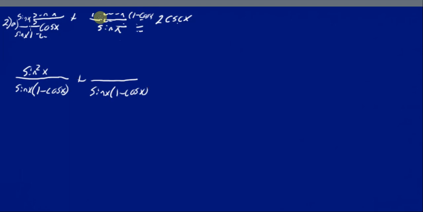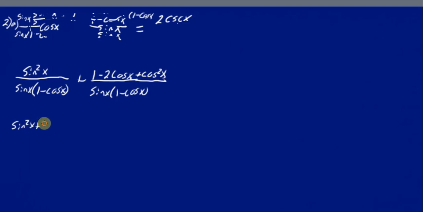In the top, I'm multiplying 1 minus cosine of x times 1 minus cosine of x. So I'm going to be foiling: first terms, 1 times 1, minus the cosine of x for my inners, minus the cosine of x for my outers, minus 2 times the cosine of x. And the last term, negative cosine x times negative cosine of x, is plus the cosine squared of x. All right, I'm going to put all this together. I'm going to take the first term and the second term because addition I can put in any order.